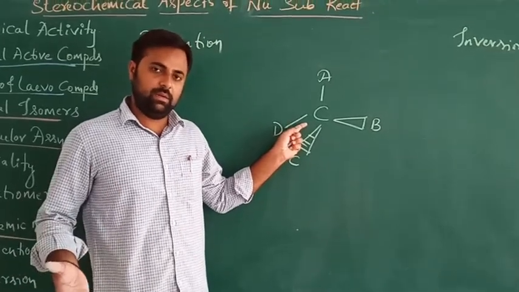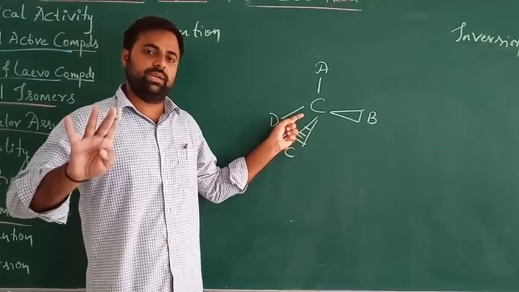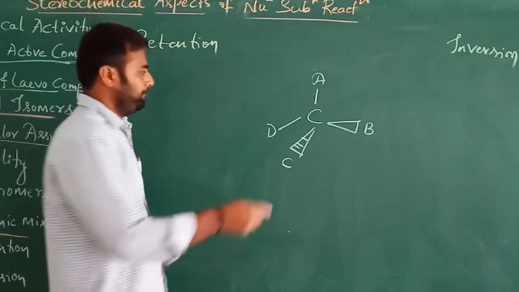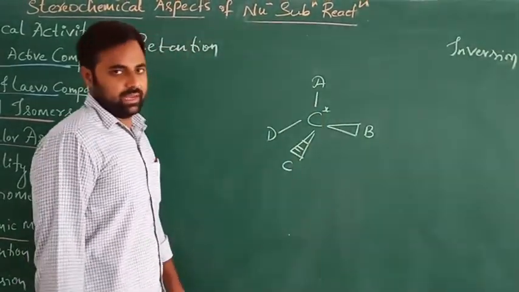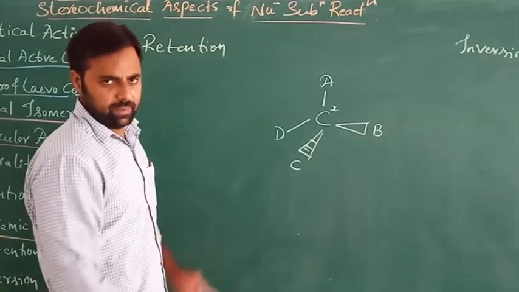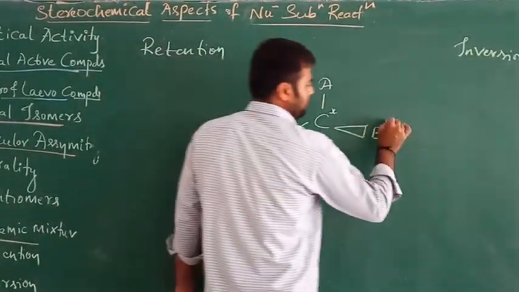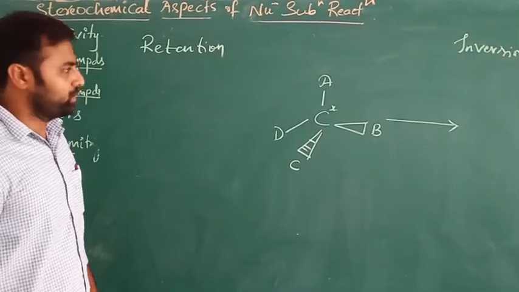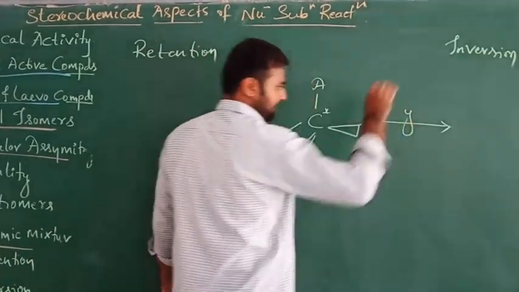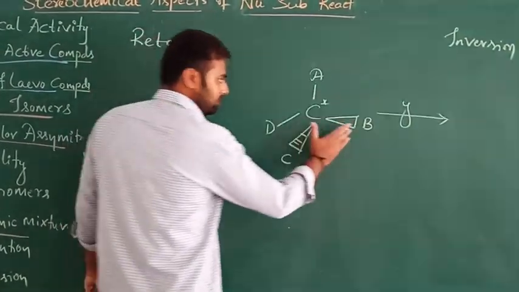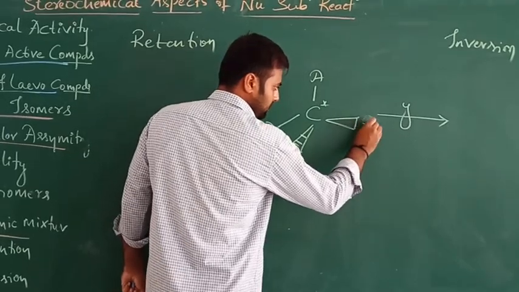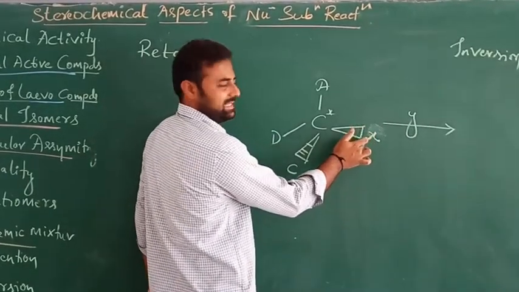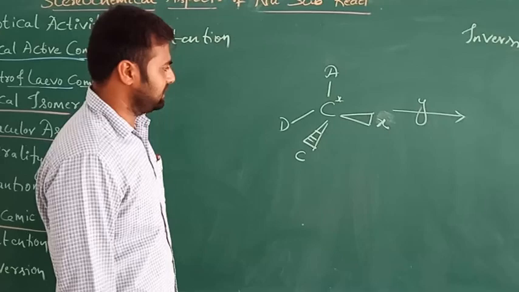Chiral carbon means the carbon which is attached to four different atoms or groups of atoms. This is the stereogenic center or chiral carbon, and this is one organic molecule. Suppose this molecule goes into a nucleophilic substitution reaction with Y. We consider X. This Y will replace this X, meaning a nucleophilic substitution reaction takes place.